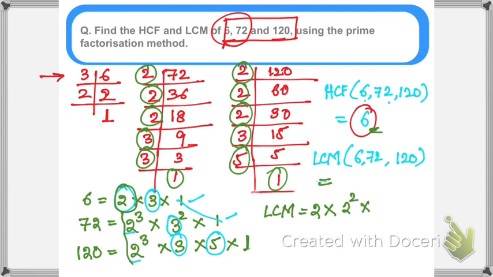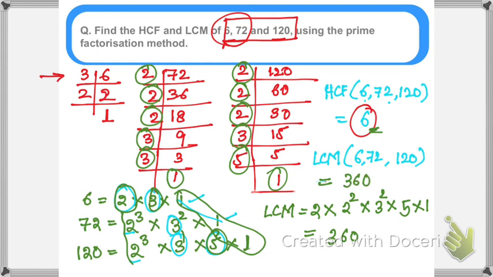Next, you can take 1 3 from here, and one more 3 remains, so you can write it as 3 square, and 1 5, and 1 can also be taken out as common. This will give you the value as 360. So the LCM is equal to 360.